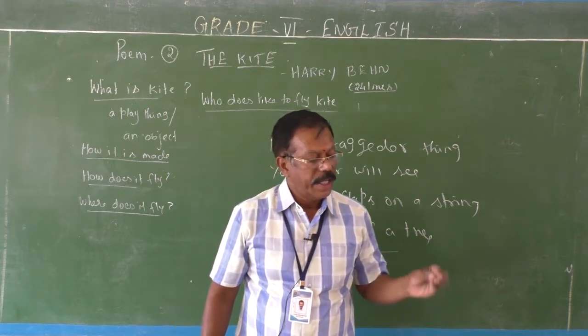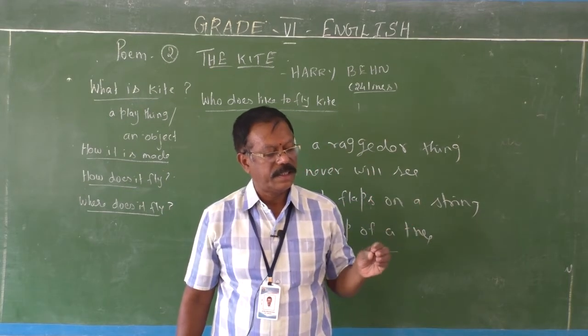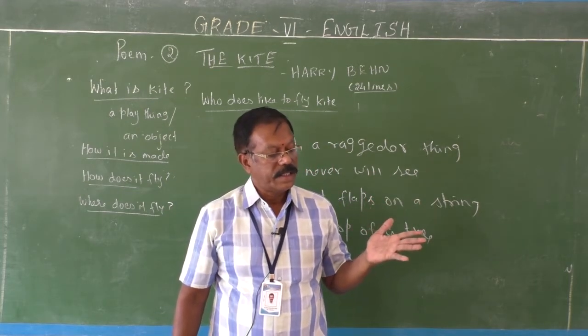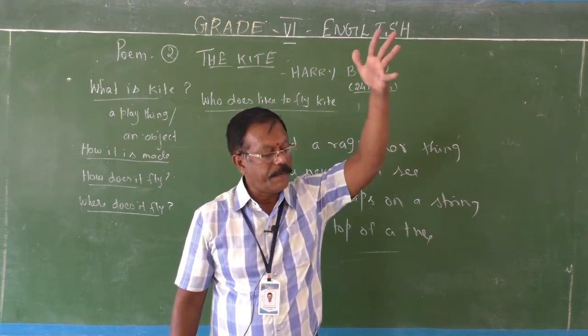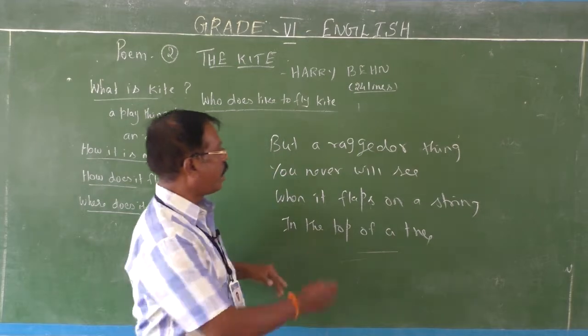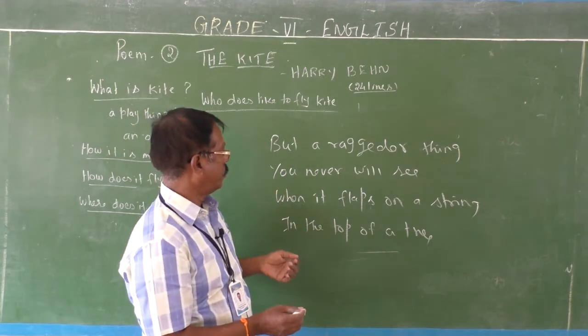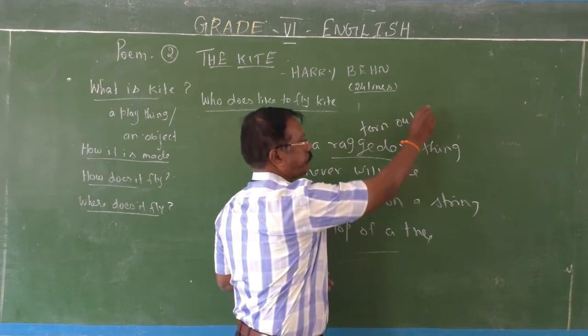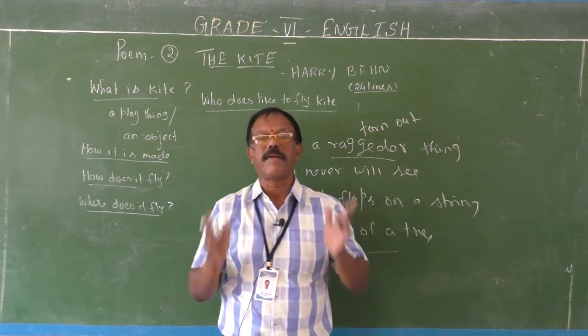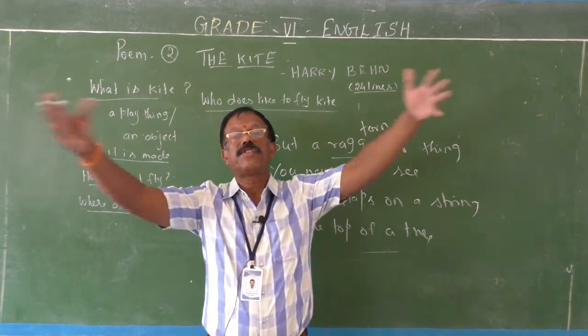So now it looks dirty and unattractive. The same kite which looks bright in the sky now appears ugly because it is torn out. When it falls on the top branch of a tree, it becomes torn out.